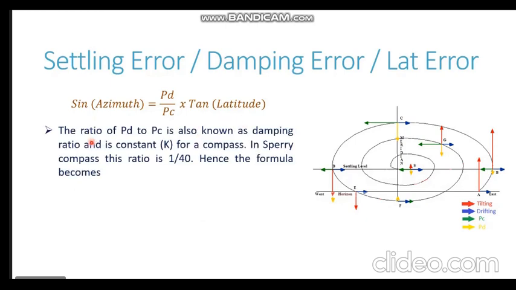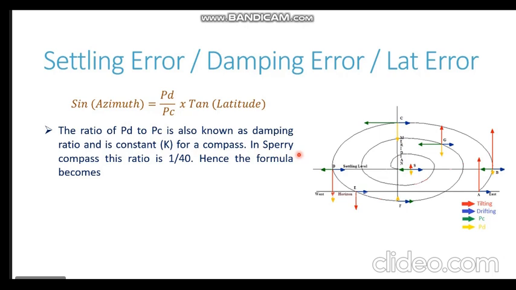Now the ratio of PD to PC, PD is damping precession and PC is control precession, is also known as the damping ratio. And this ratio is constant, represented by alphabet K for any particular compass. So for a compass which is fitted on a ship, this ratio, the damping ratio PD upon PC, is fixed and constant.